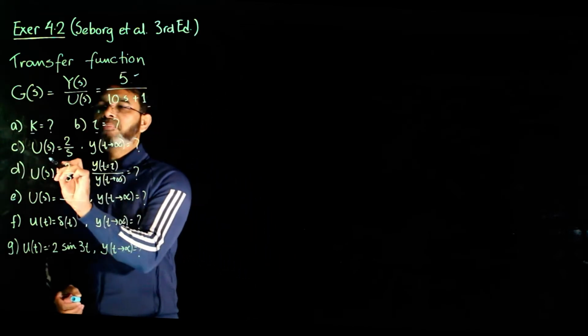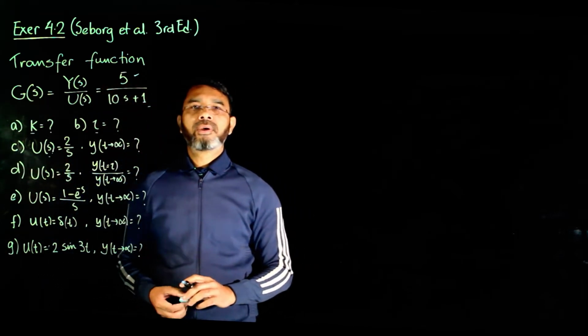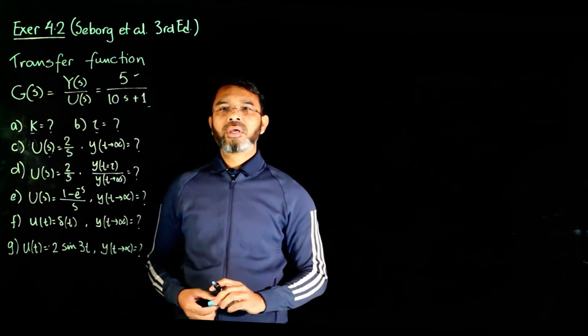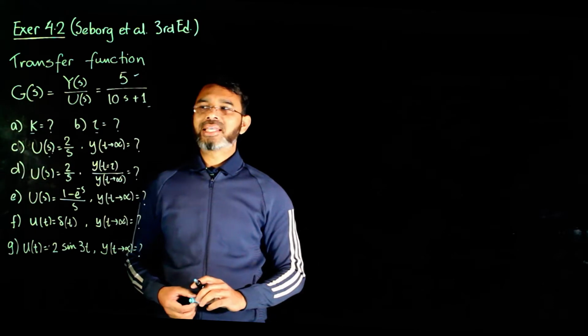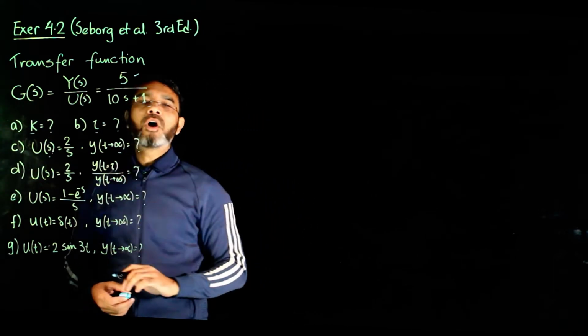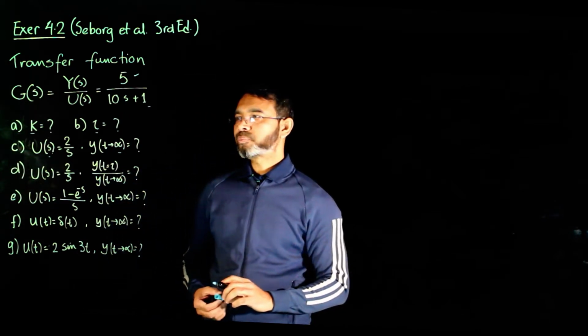Now part C gives the Laplace transformation of the input signal, U(s) equals 2 over s, meaning that's a step input with size 2. You are asked to find the value of the output when time goes to infinity.